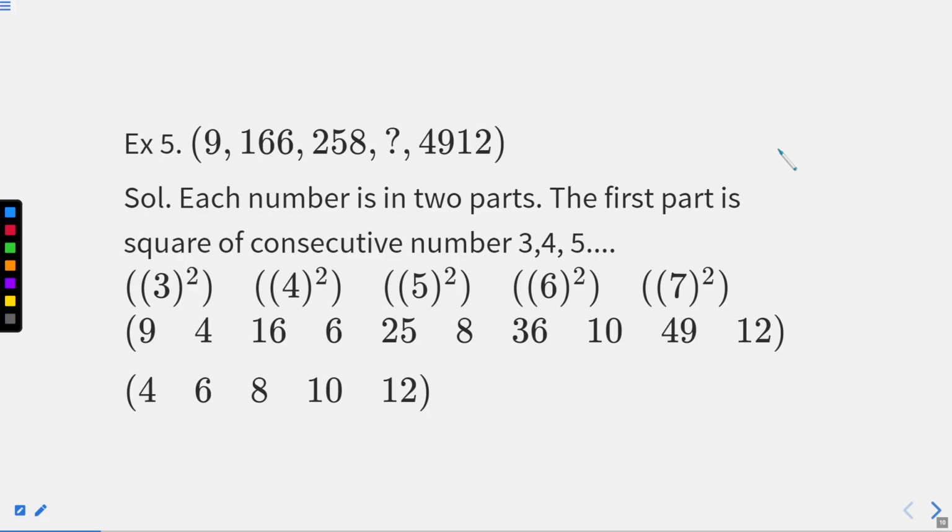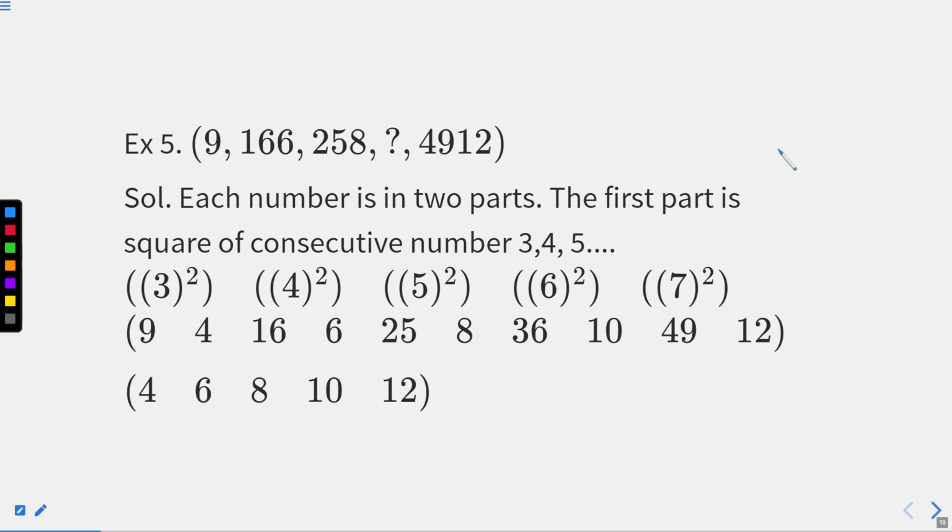Now after 3, we'll make the square of 4, which comes out to be 16, and which is followed by an imaginary series value, that is 4 plus 2, that is 6. Here you are able to see that the second term is 16, which is followed by 6.